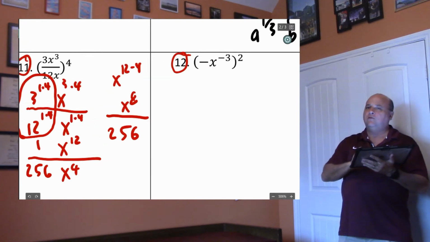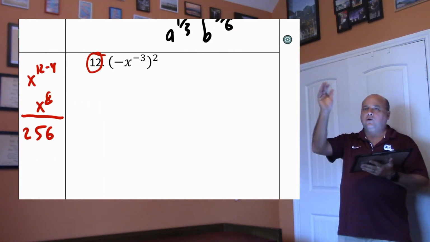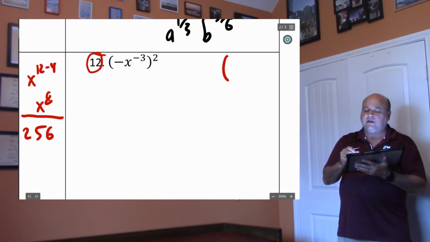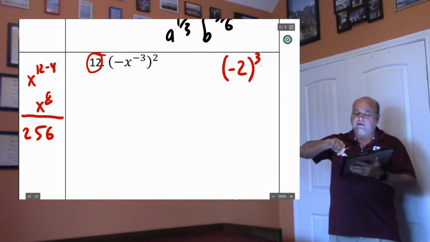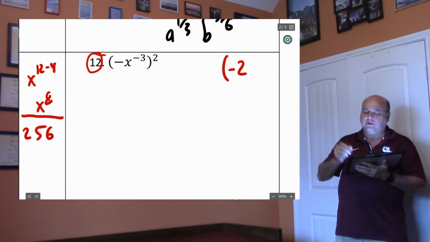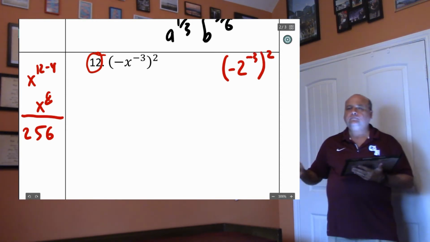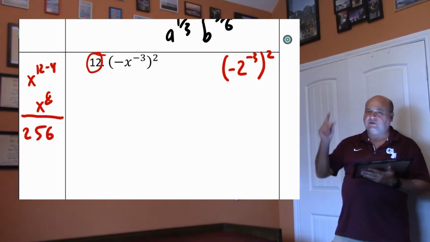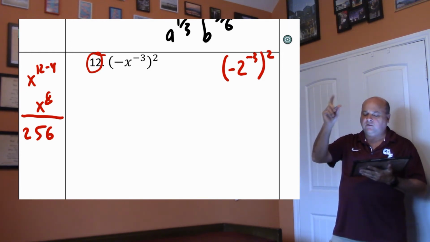Let's go to number 12. Number 12 is tough. On your calculator, punch this in. Okay, so let's punch this in. This is tricky here. This is very confusing.